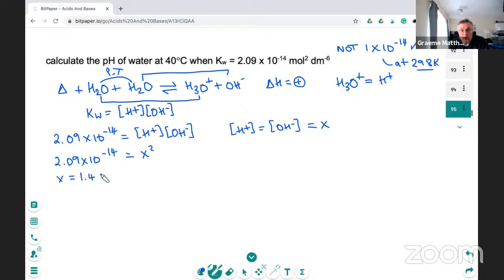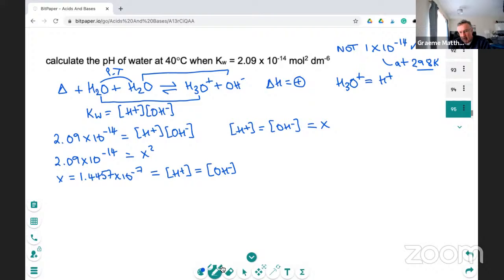Let's see, how many digits do we need? Let's do 1.4457, take it out a few more digits, times 10 to the minus 7, which is equal to the hydrogen ion concentration, which is equal to the hydroxide ion concentration. Now, what they want to know is the pH.